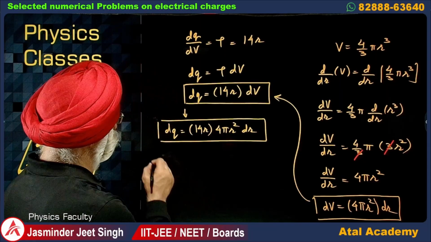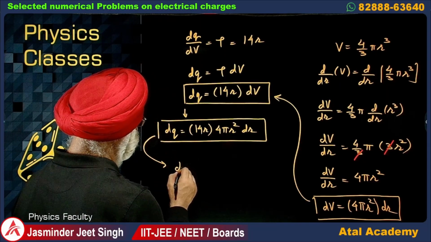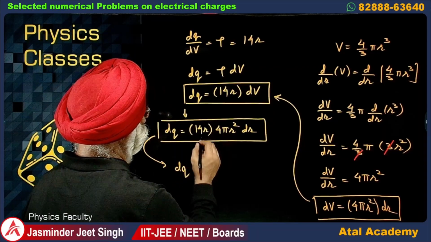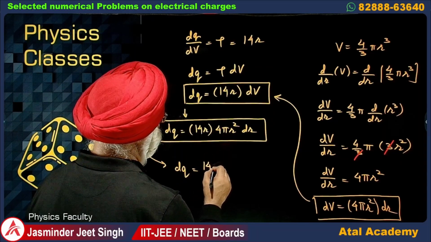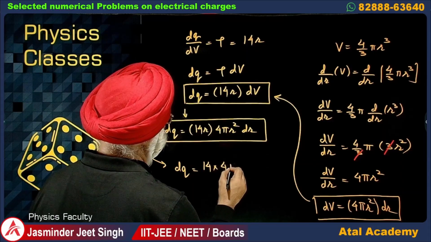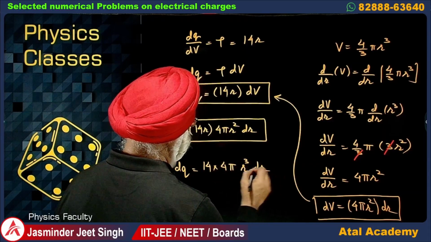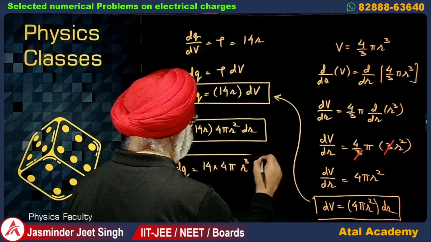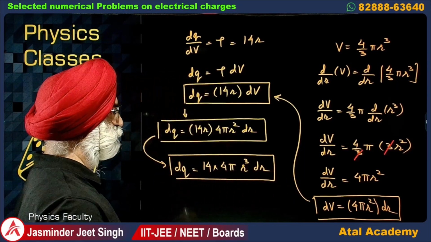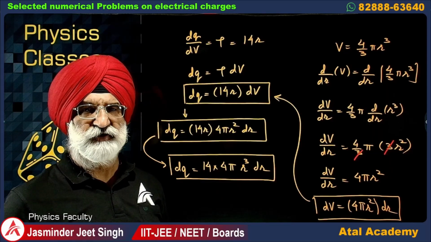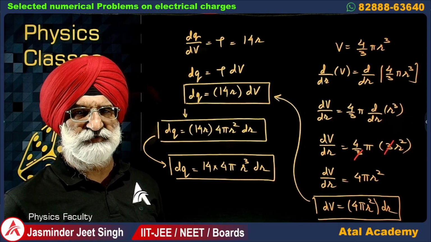We can make it more simple. dq will become equal to 14 into 4 pi r cube dr. Now we will have to integrate this within the suitable limits.